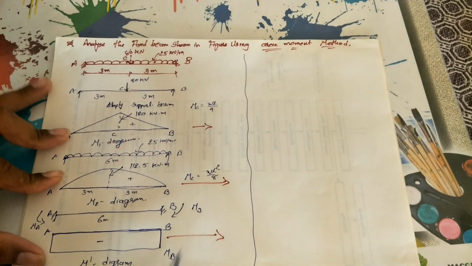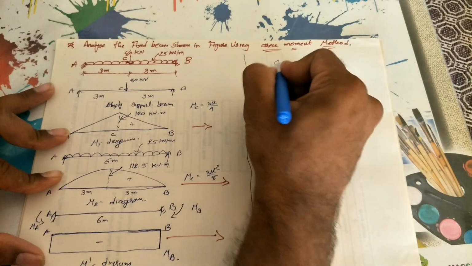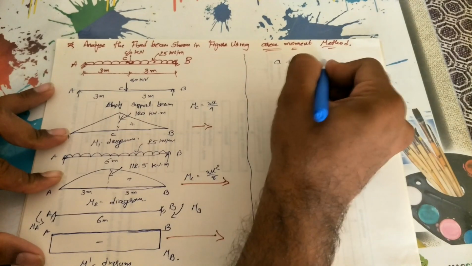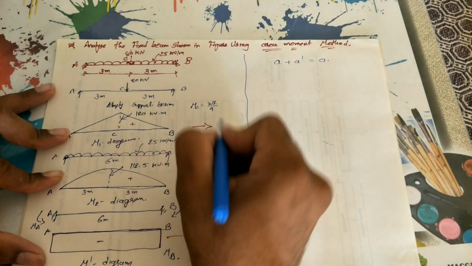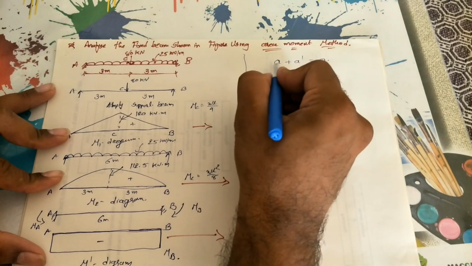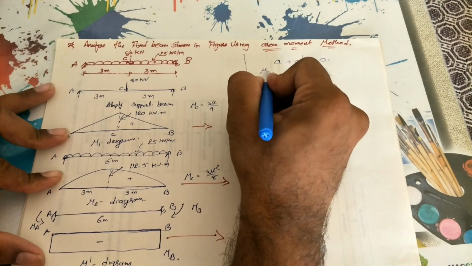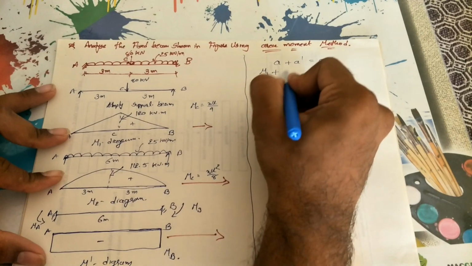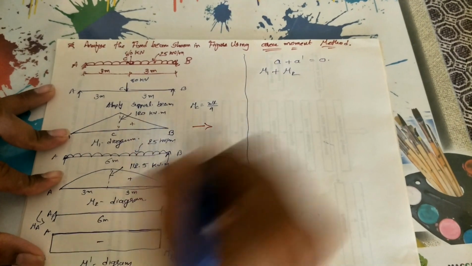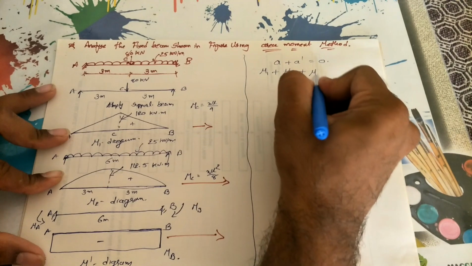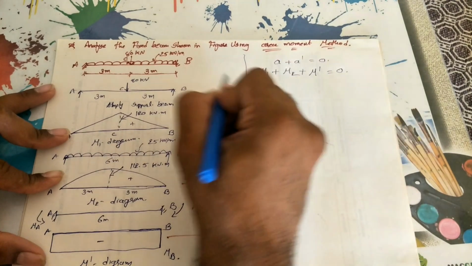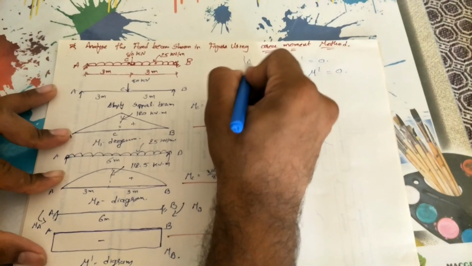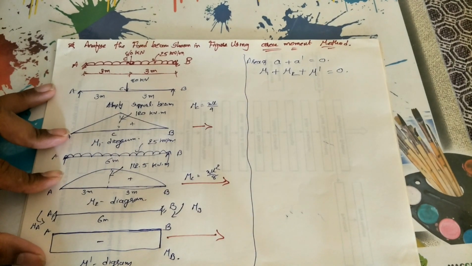Addition of that is 0. In a previous lecture we saw that A plus A dash is equal to 0. So area of Mu1 plus area of Mu2 plus area of Mu-dash is equal to 0.